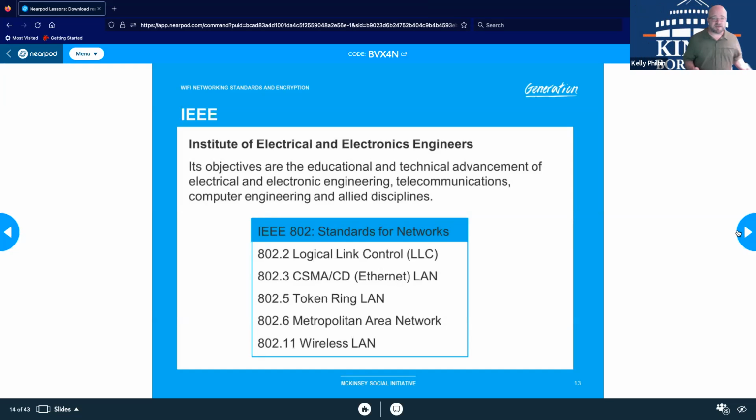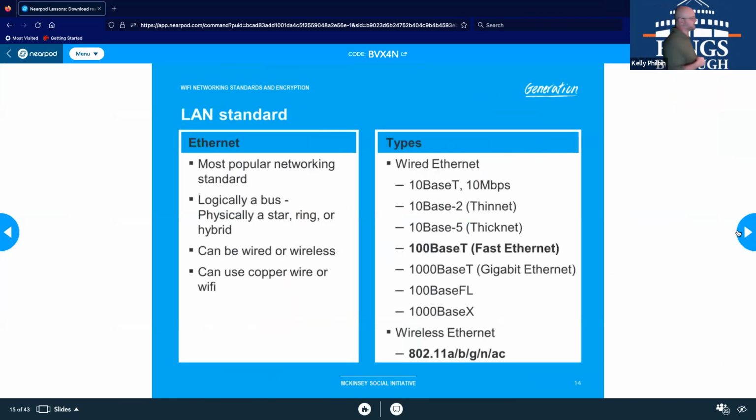When you get into Network Plus, they have about 40 or 50 of them that you have to at least know what they are, like 802.2, logical link control, 802.3, CSMA/CD, which is carrier sense multiple access with collision detection, token ring LAN, metropolitan area network, all that kind of fun stuff. The only one we're really focused on in the A+ is the 802.11, which we'll talk about in a little bit.